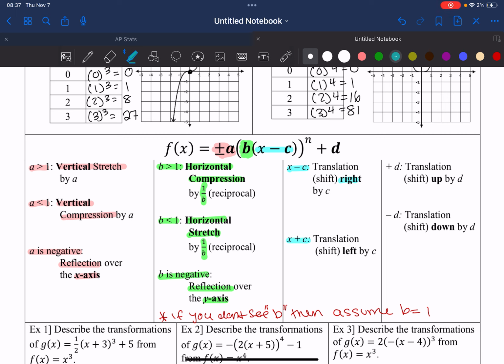X plus C is telling us we're going left. And then lastly, D, if we have a positive D, it's going up. If we have a negative D, it's going down. Okay. And if you do not see a C or D value, so I'm going to write a little note here again. So if you don't see C or D, assume it's 0.